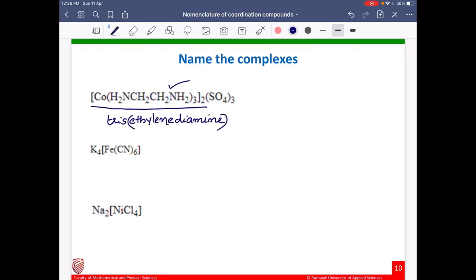So we finished the ligand part. Now next is the metal cobalt. Now the cobalt is part of the cation, so we can write cobalt as such. Now next step, we have to give the oxidation state. How to calculate the oxidation state? For cobalt, I don't know the oxidation state, that is X. Ethylene diamine doesn't have any charge, so 0 into 3, right? Now how many complex ionic parts are there?